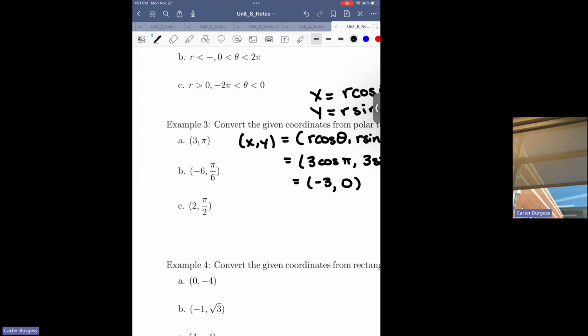R is the first value, which is going to determine whether we're starting to the right, and how far in that direction. Does look perfect.